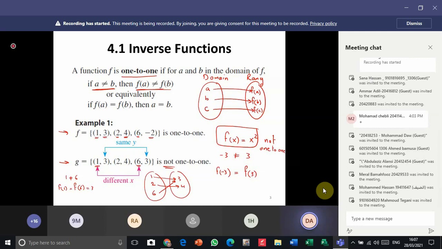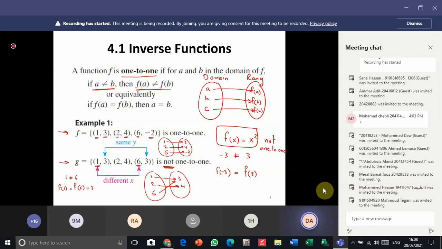So we have different points in the domain connecting with the same value in the codomain. So this is not one-to-one. But in f, with 1, 2, 6, 1 connects to 3, 2 with 4, and 6 with -2. So this is one-to-one. Okay.